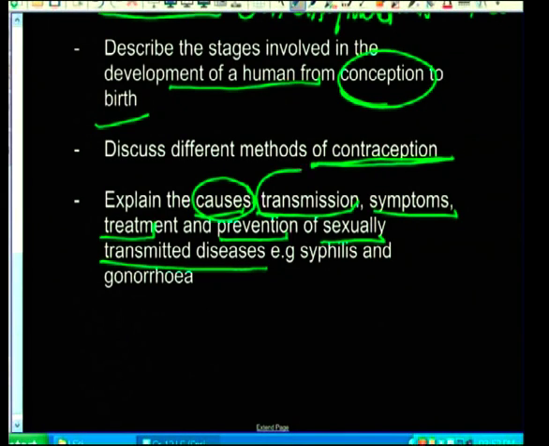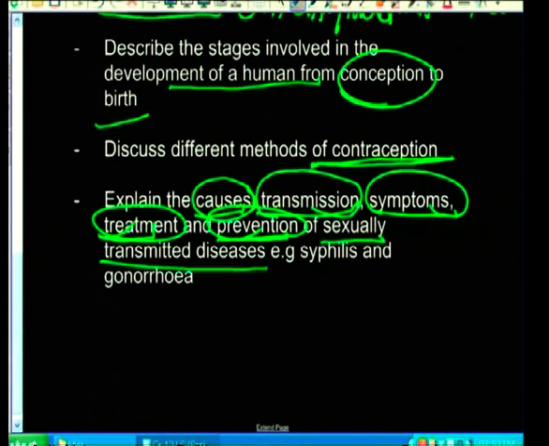Two, how is it transmitted? How is it spread? Thirdly, how would you know you have this disease? Symptoms. And the treatment, how do we treat it? And before we can get to that, how can we prevent this disease or this infection from affecting us as human beings? We need to know proactively, not only theoretically.